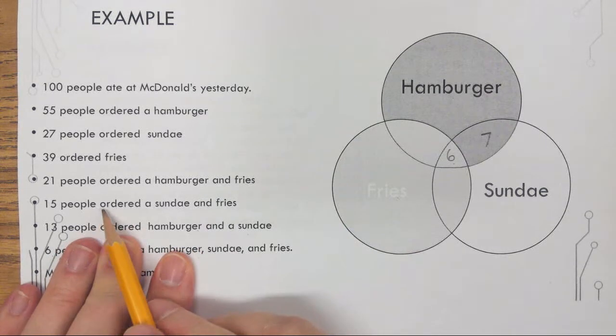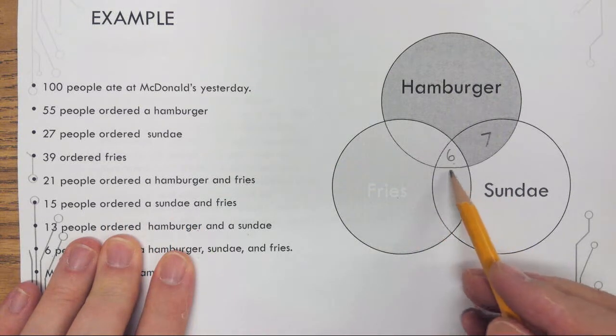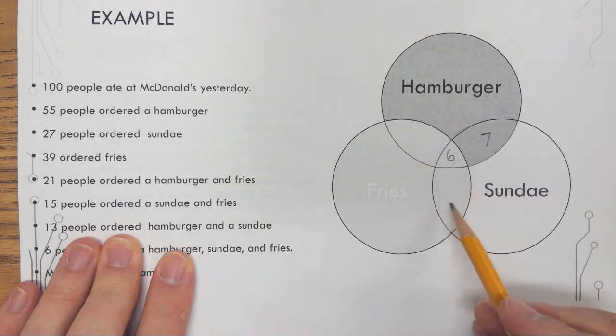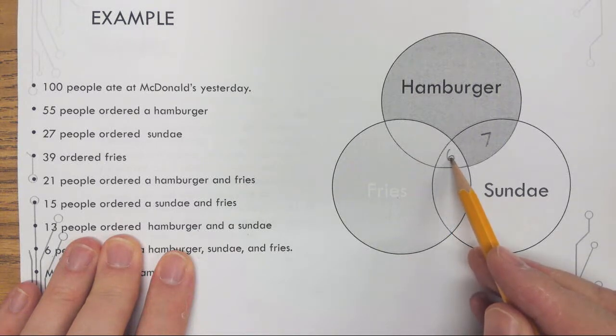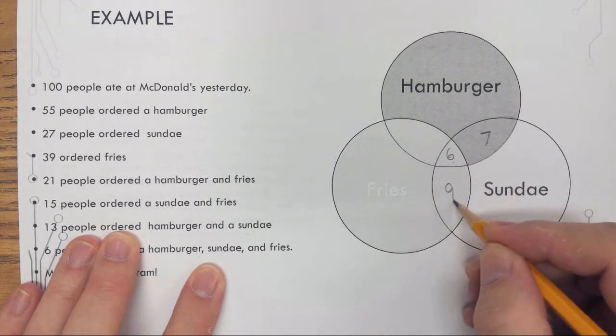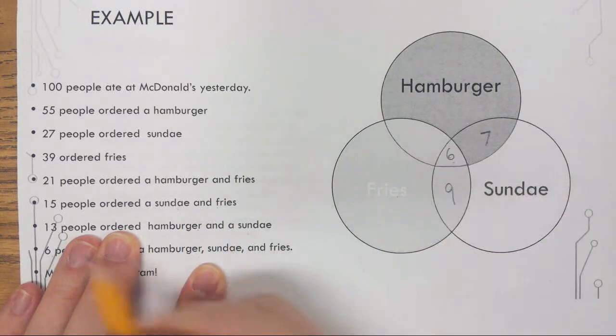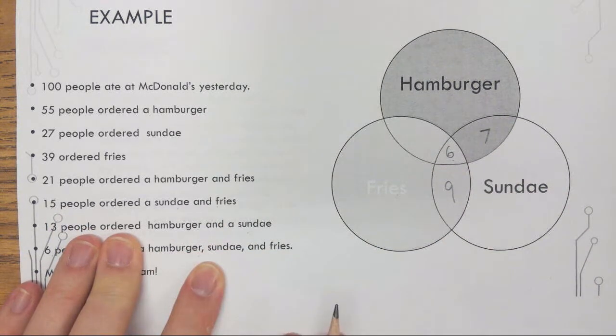Now this says 15 people ordered a sundae and fries. Sundae and fries, that's this area right here. 6 of those 15 ordered a hamburger as well, but 9 of those people just got the sundae and fries. 6 and 9 is 15. Okay.